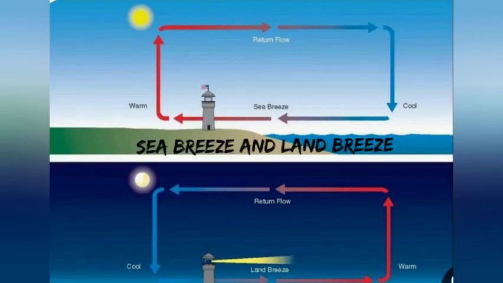Now, when I say convection, there are two natural processes, sea breeze and land breeze. In the first one, you can see that from the land, the warm air goes up into the atmosphere and comes back as a cool breeze to the land.